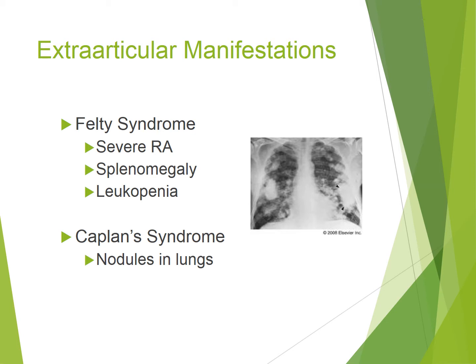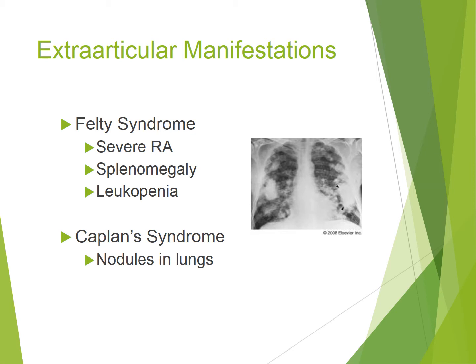They have something called Felty syndrome. They see it in people with long-standing severe rheumatoid arthritis. They're not really sure exactly what causes this, okay? Not everybody who has rheumatoid arthritis has this, but again, those people that have a very high rheumatoid factor or rheumatoid titer tend to be the ones that get more of your extra-articular manifestations.